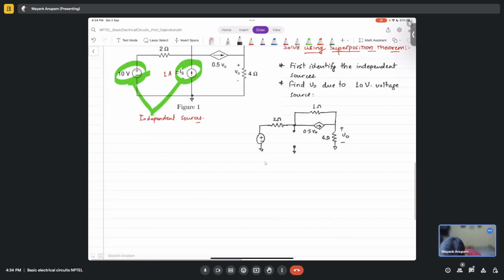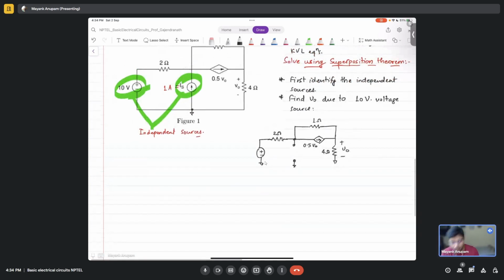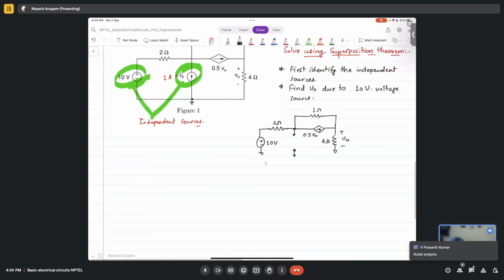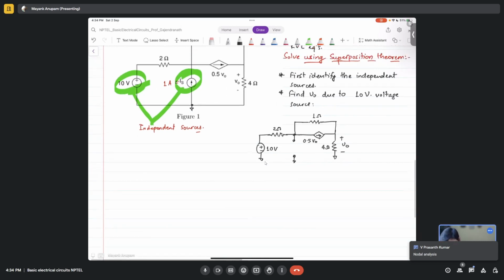How will I solve it? You can use any of the circuit solving techniques. Which one will be the easiest to use here? Node analysis. Fine, let's go with node analysis.